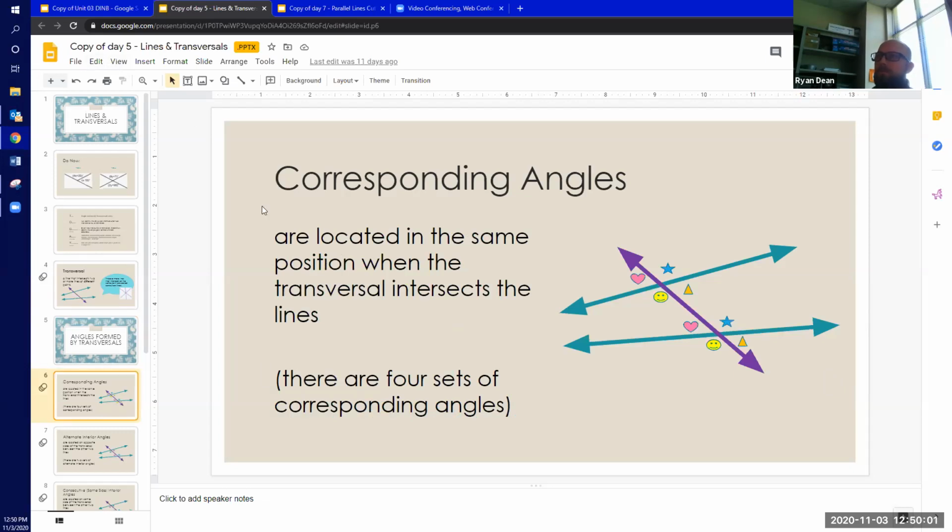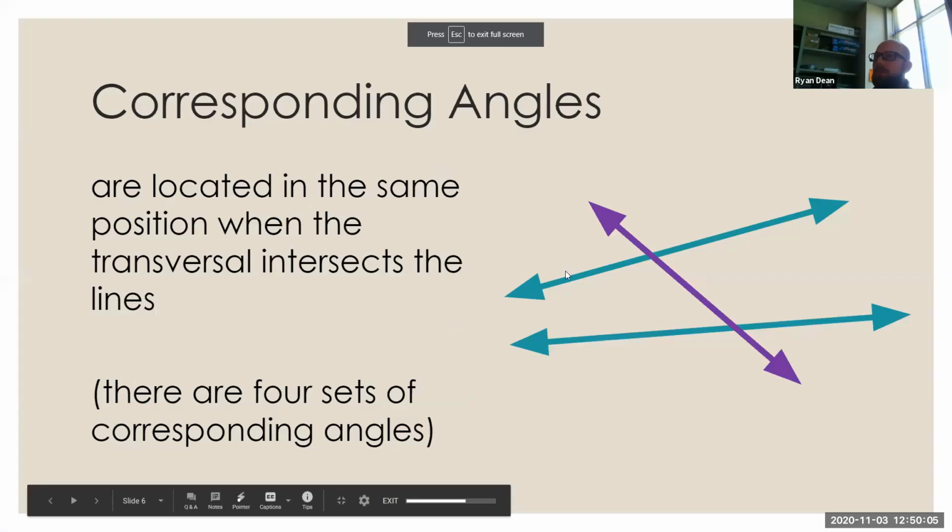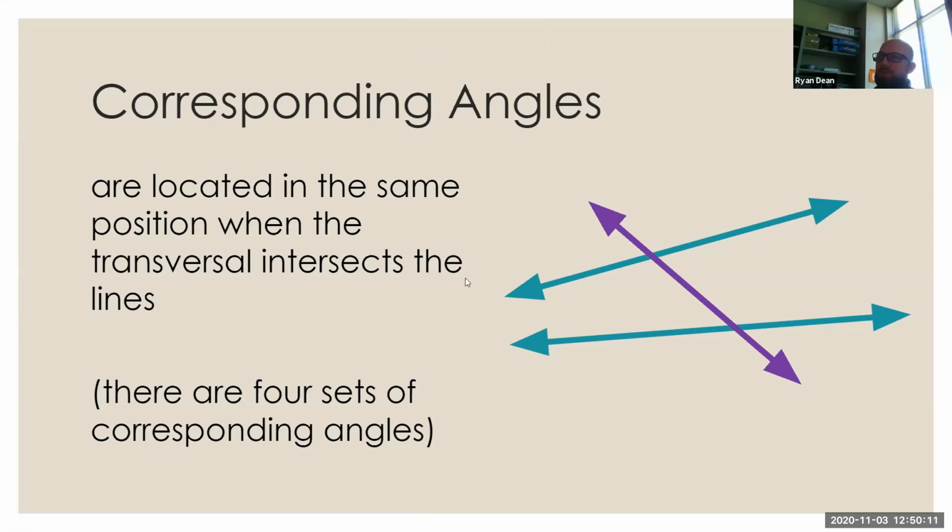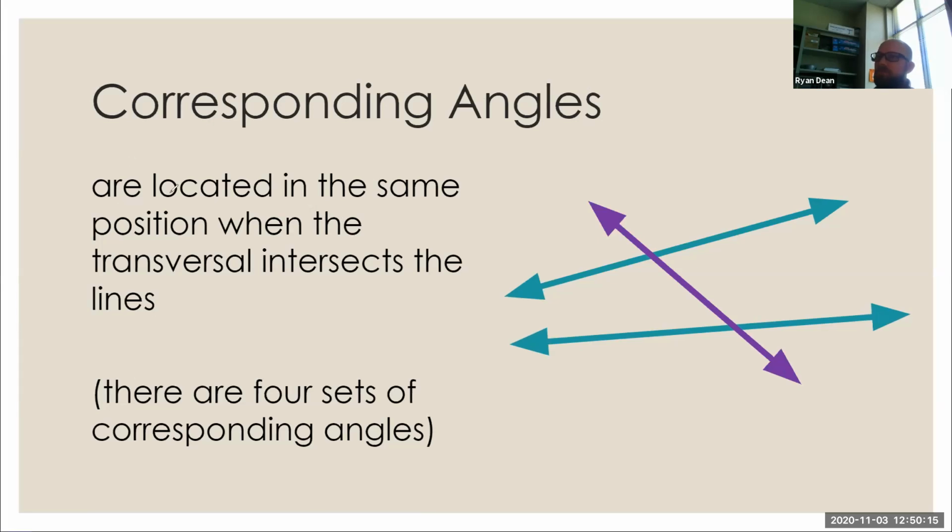So the first set of angles that we have, we call corresponding angles. Corresponding angles. Now these angles are located in the same position.